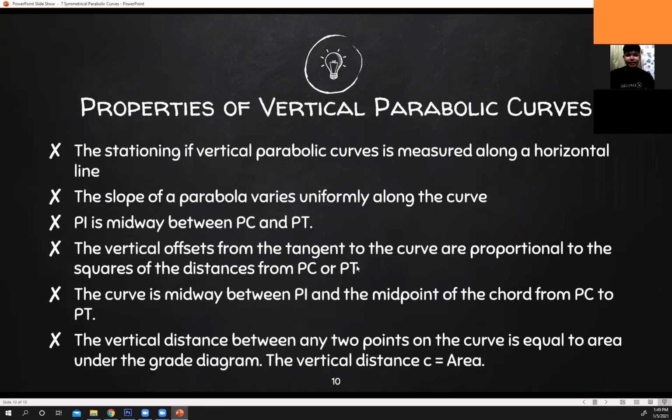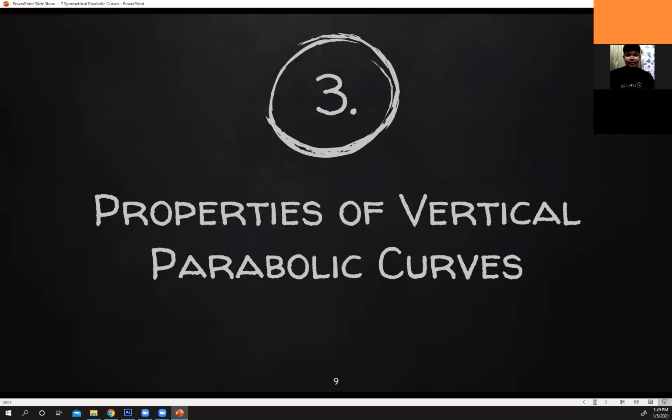The vertical offsets from the tangent to the curve are proportional to the squares of the distances from PC or PT. What does that mean? Vertical offset proportional to the squares of the distances from PC to PT.